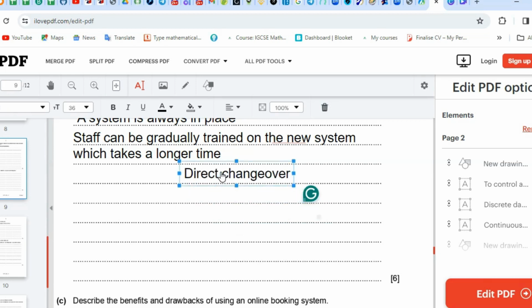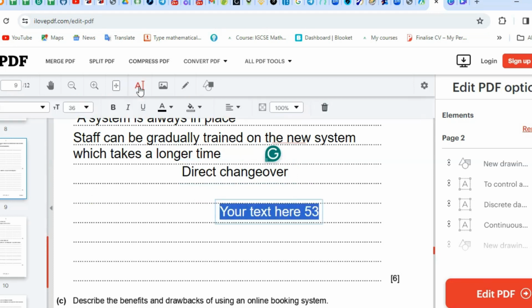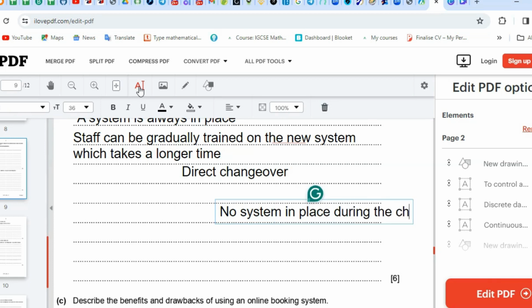So when you are changing over, there is no system in place during the changeover. That's one.